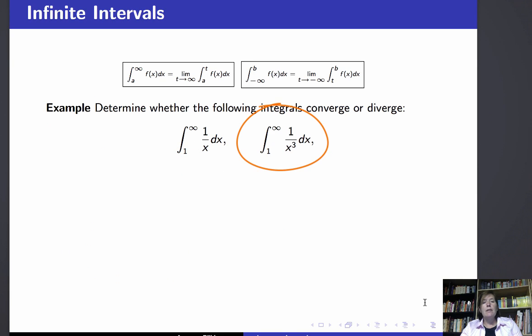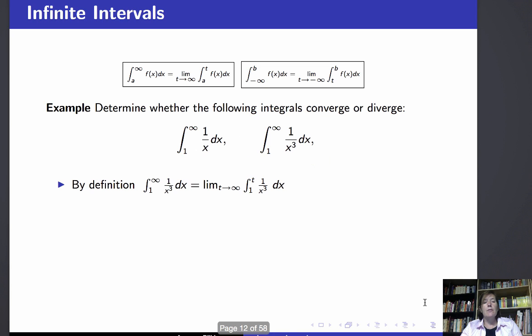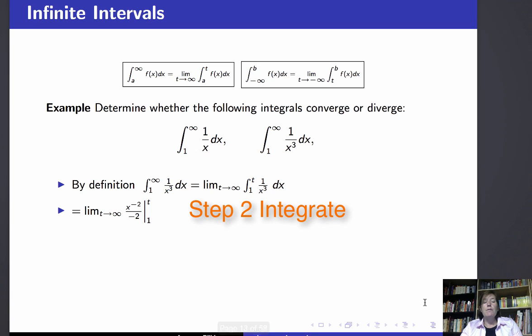Well, let's try the integral from 1 to infinity of 1 over x cubed dx. Again, we're applying the definition step by step. It should be the limit as t approaches infinity of the integral from 1 to t of 1 over x cubed dx. Now we find an antiderivative for x to the minus 3, which is x to the minus 2 over minus 2.